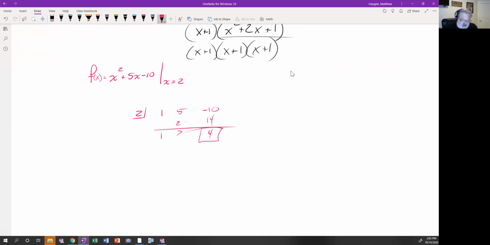And that's the same thing you should get evaluating it: 2 squared plus 10 minus 10 is 4. Same value. Very nice way to very quickly evaluate polynomials.